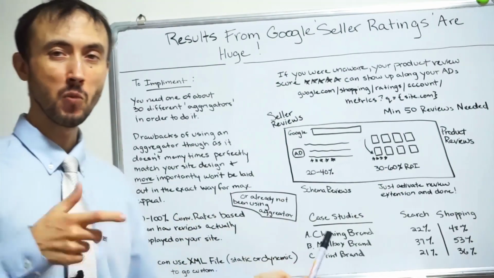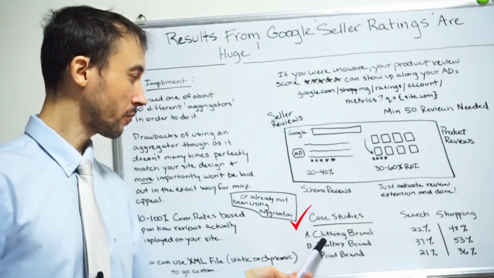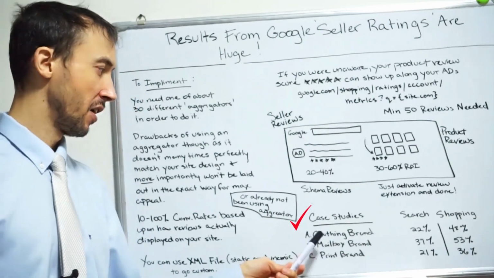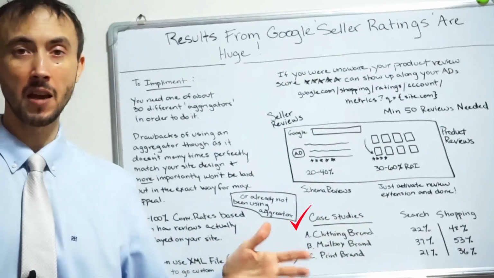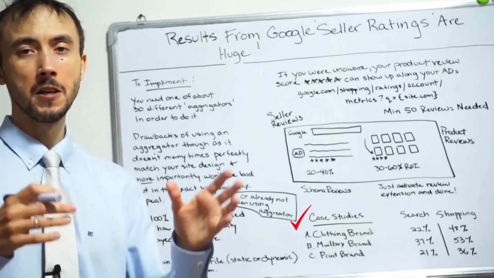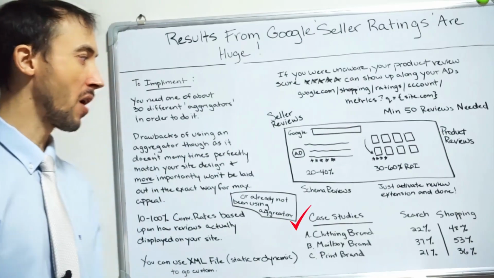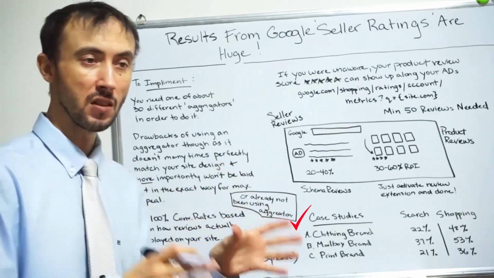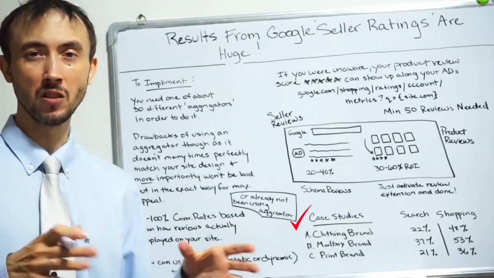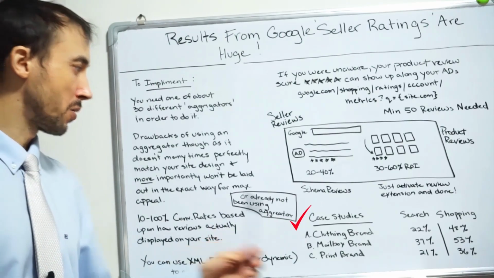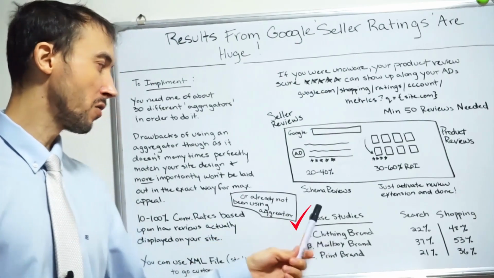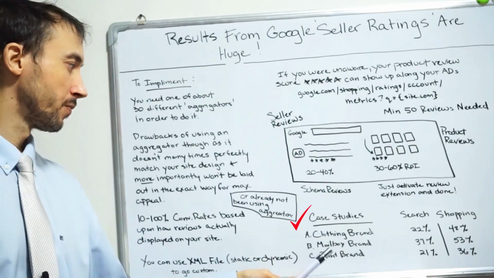And so what I did was I actually broke it down. There are a few different examples here of different companies that I actually did monitor, and that's where I came up with these numbers, because I run a PPC management firm here. I looked at before and after the stars show up, and you can see different types of businesses, and how much of a difference this is going to make. Okay, so there's also e-commerce and non-e-commerce here.